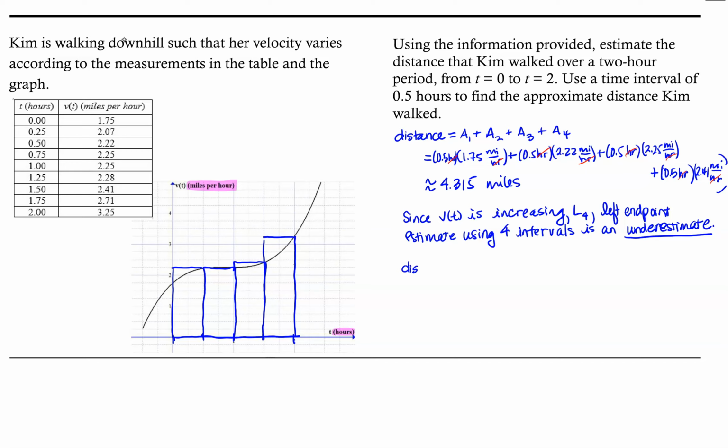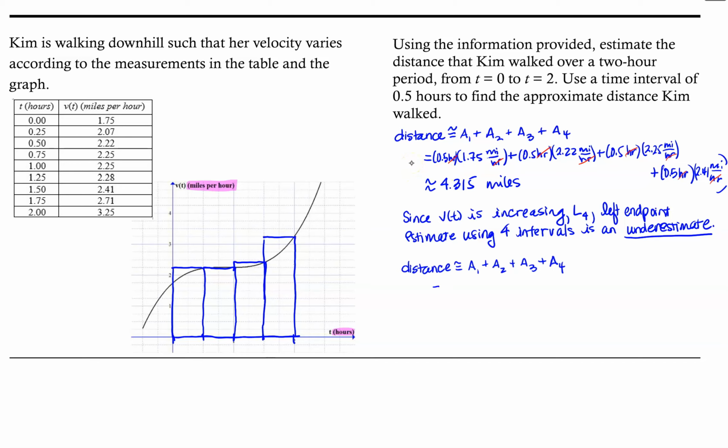So still our distance is going to be approximately the sum of the areas of each of our rectangles. This time when I write out our computation here, I'm not going to worry about including the units. We already know what those units are, and we've seen how they simplify. So I'm just going to write the numerical values.